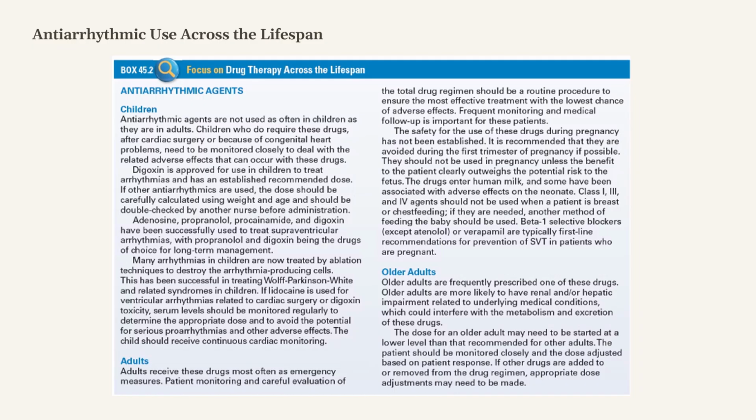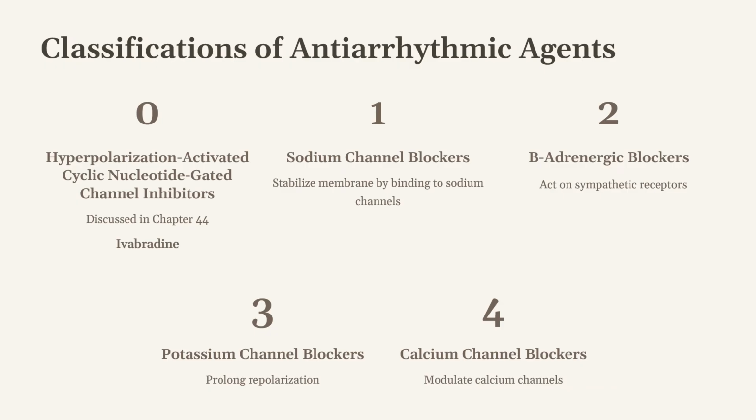All right. That is just the chart in the book. So these are the different classifications of the medications that can be given. I'm going to go over these more specifically, but the medications are affecting different levels of the action potential of conduction.